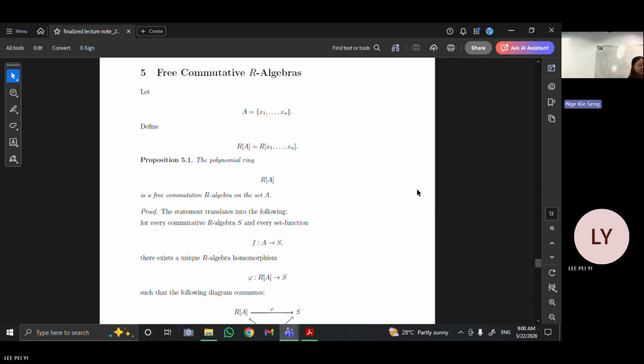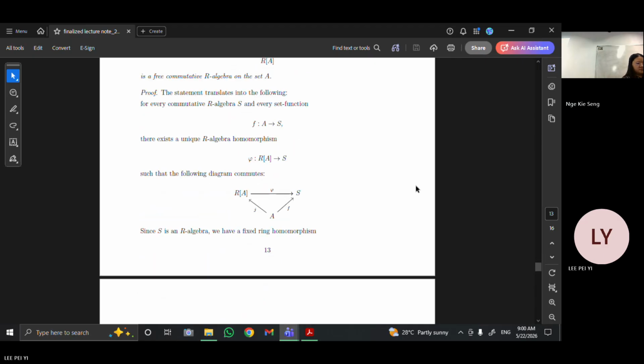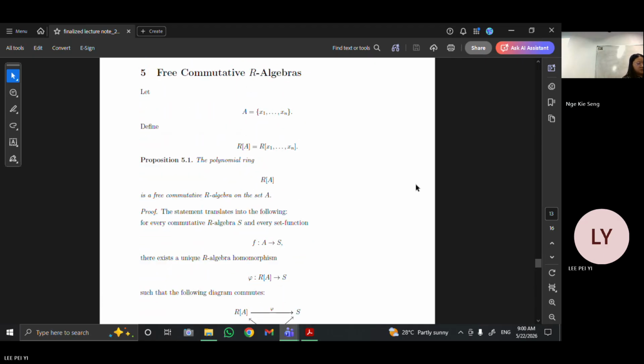The next one is the free commutative R-algebra. Let A be a set, and we define R[A] to be R[x_a : a in A].